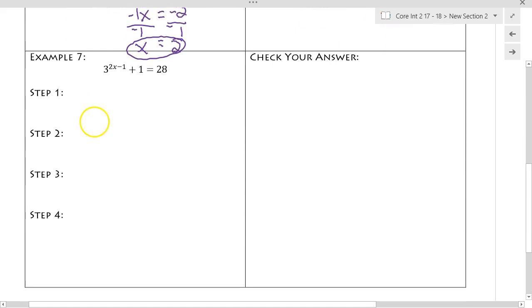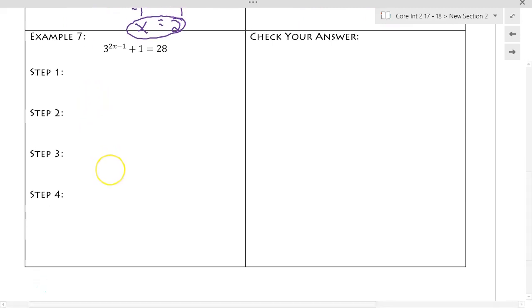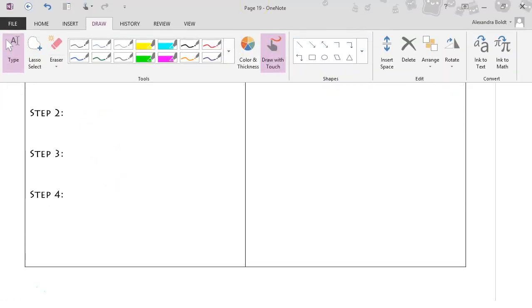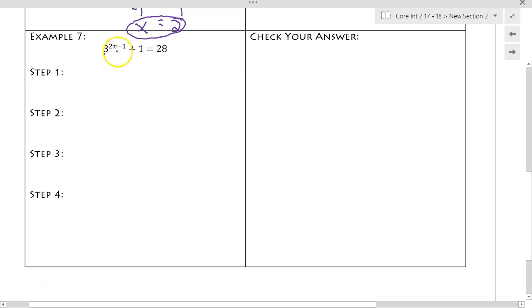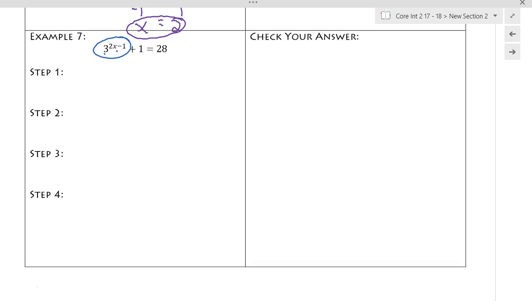All right, looking at example 7, last example. Our first step is to get our base and our exponent by themselves. Oh no, in this problem I have a +1, right? So this is our one example where we do have something with it. So that's really 3 to the 2x minus 1. I have to subtract that 1, equals 28 minus 1 is 27.